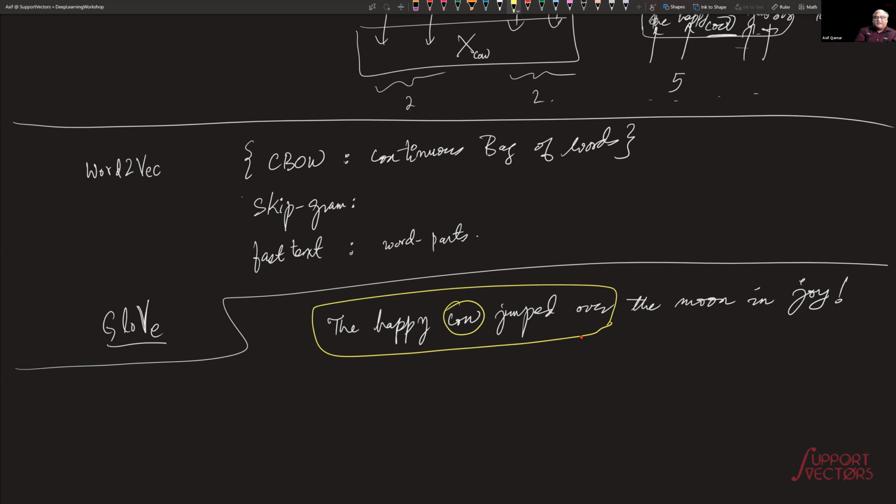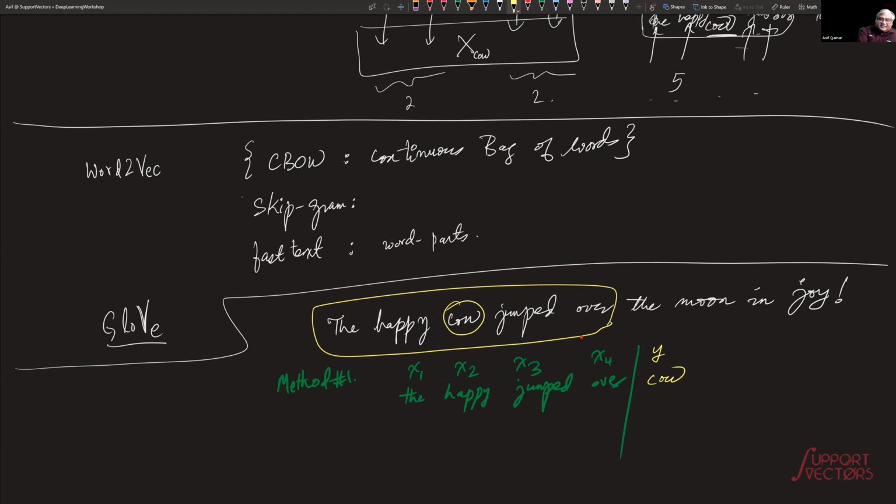And let's say that the word that you care about is cow. So one thing you can do is create a table, sort of an input data space. Method 1: you create the, happy, jumped, over. So this is your x1, x2, x3, x4, and this is your feature space, and the target, your y, is the word cow.